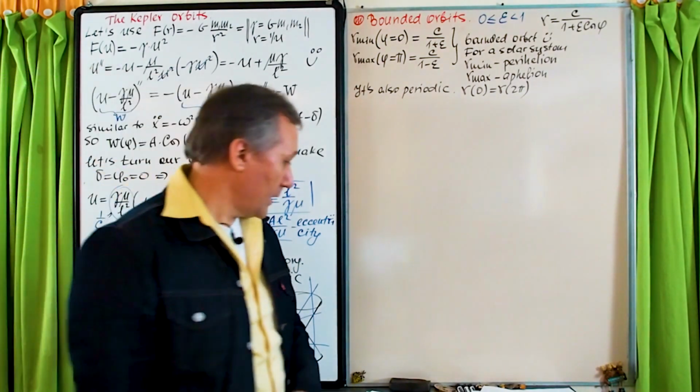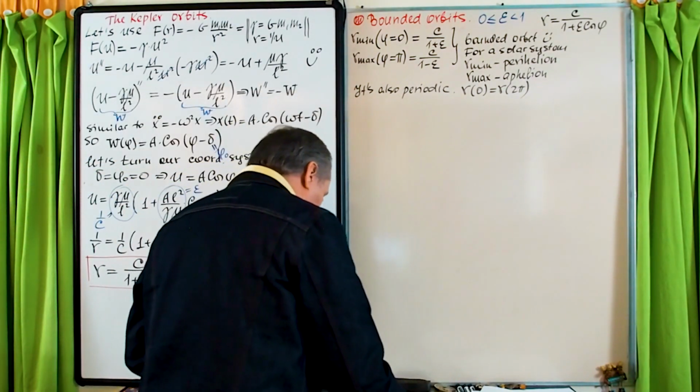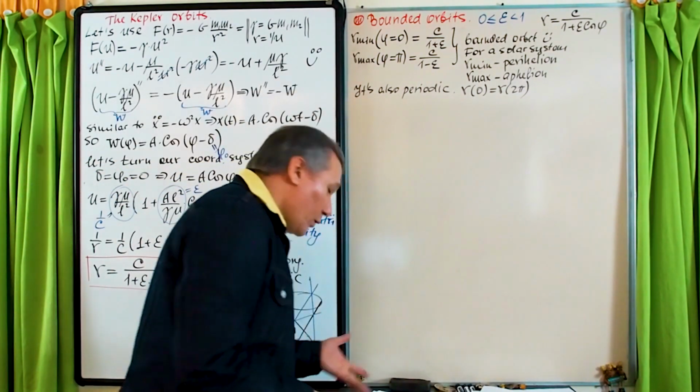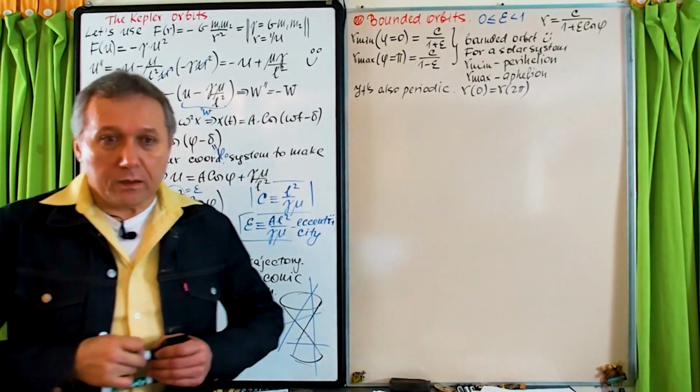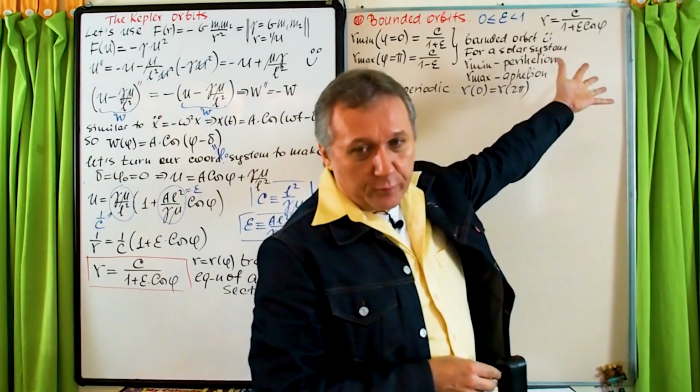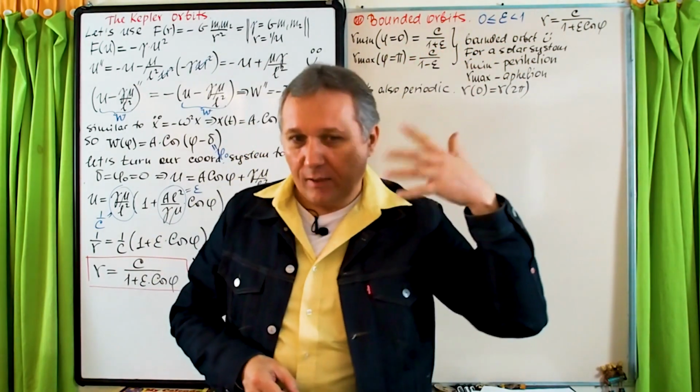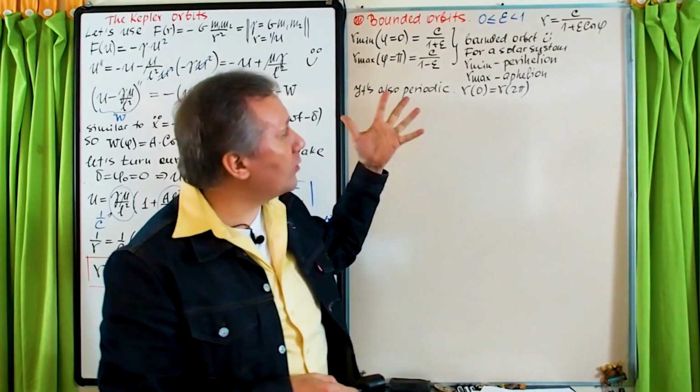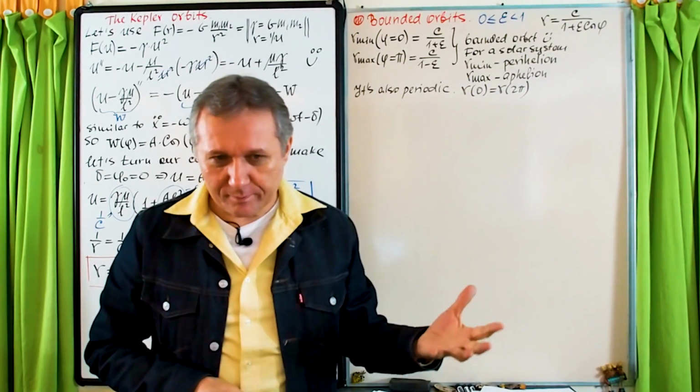So, what else? Okay, so now, that is the equation. Of course, with this epsilon, we know it should be an ellipse. But right now, at least for me, it's not obvious.